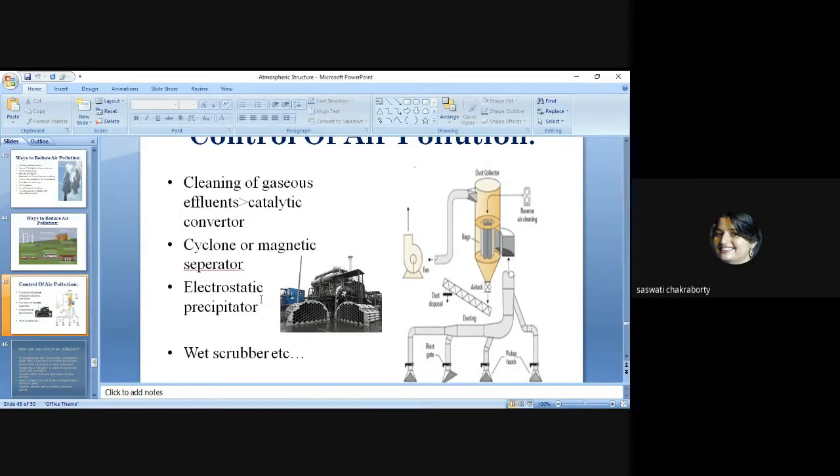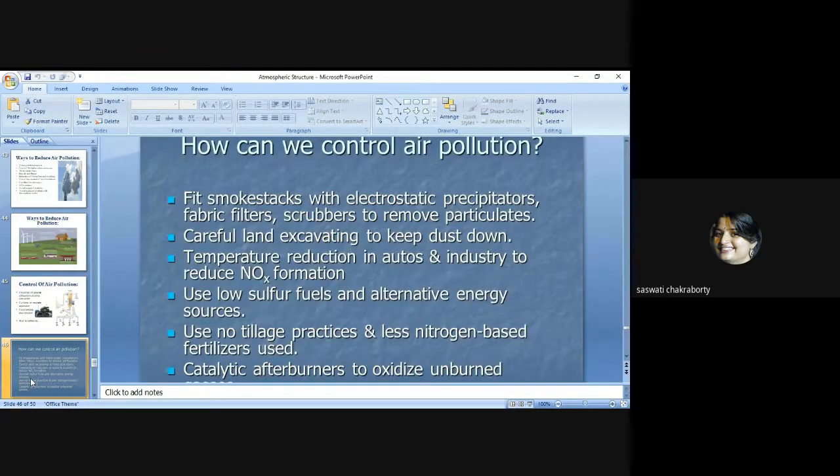Is the slide visible? Can you see the images? In what way are they actually being used? Well, how can you control air pollution? Same thing.